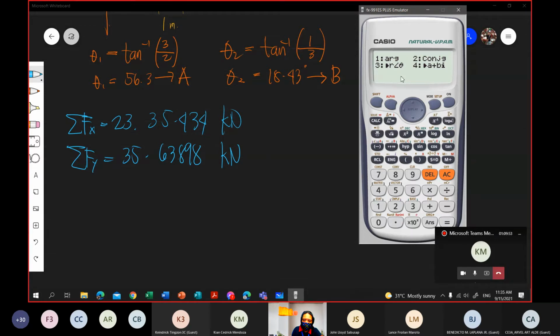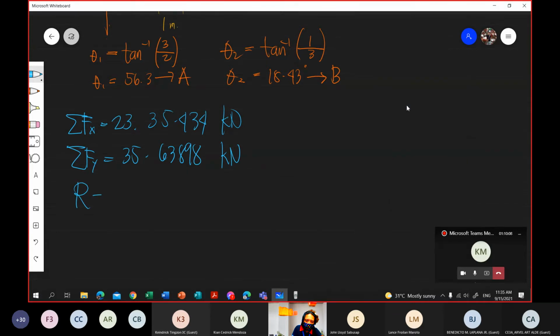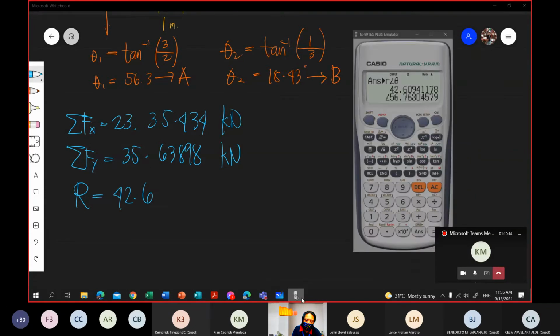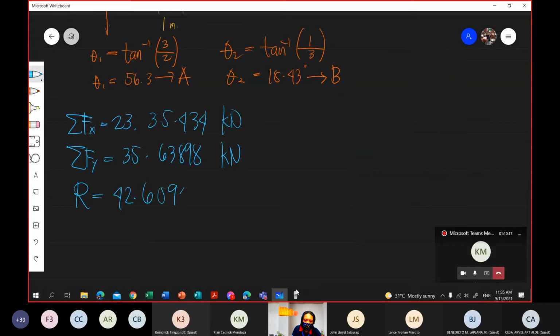So the result is 42.6094. This is the resultant, in kilonewton.